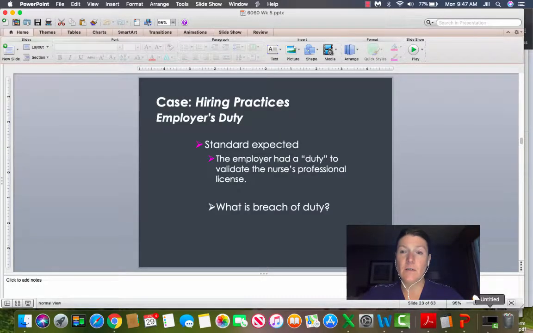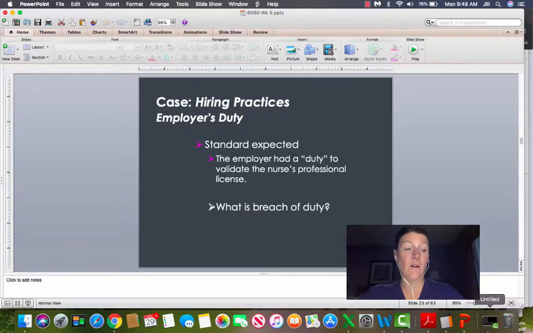Typically in hiring practices, in most settings actually, but especially in healthcare, employers do have a duty to validate that a nurse, a physician, therapists, technicians, etc., have a professional license or certification. Even at the level of medical coders, which I am certified as, if I go to work doing coding for somebody, they're going to contact the AAPC or AHIMA, the two organizations that certify most of us as coders, and make sure that I actually have the certification that I say I do.